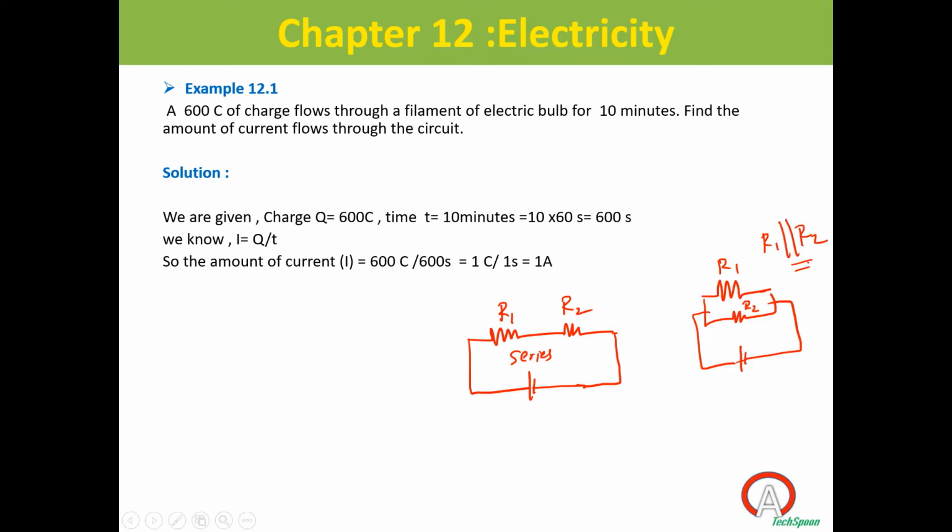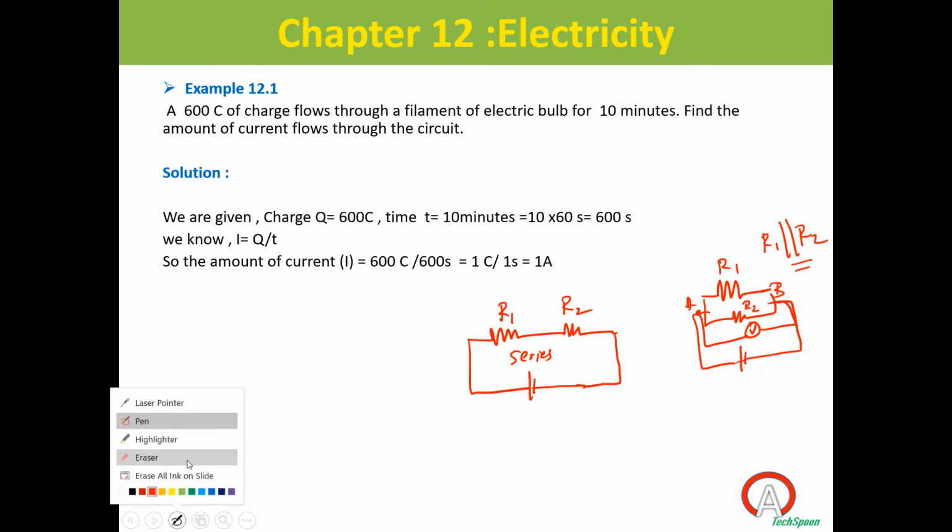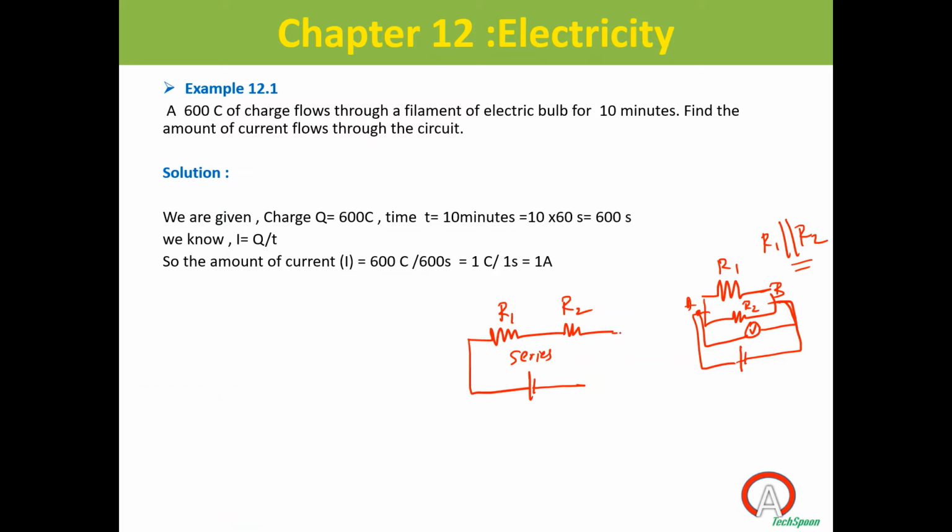Okay. If I want to measure the potential difference between these 2 points A and B, I have to connect a voltmeter parallel to that point, or across A and B. But if I want to measure the electric current in a circuit, how do I have to connect an ammeter?